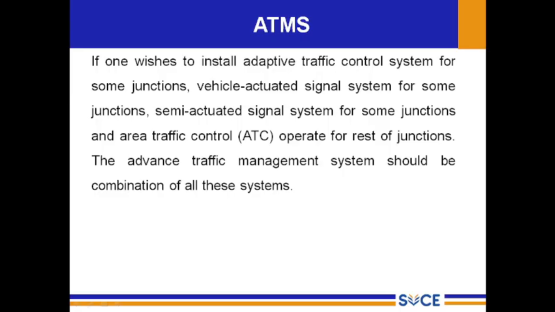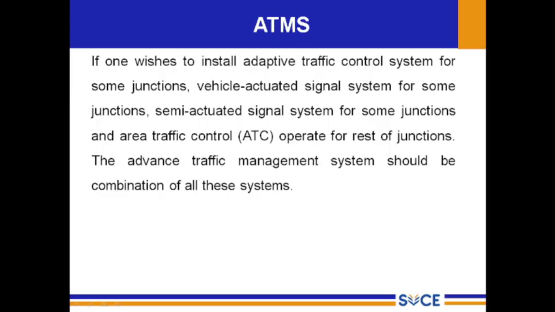The advanced traffic management system should be a combination of all these systems. So ATMS is not only CCTV, information, traffic control center, collection of data and analysis, but also coordinates all the signals in a city.